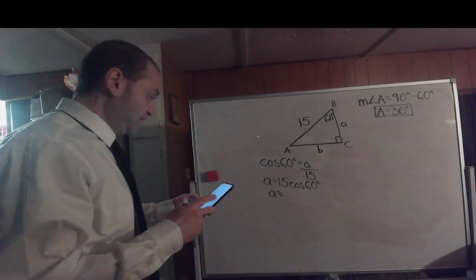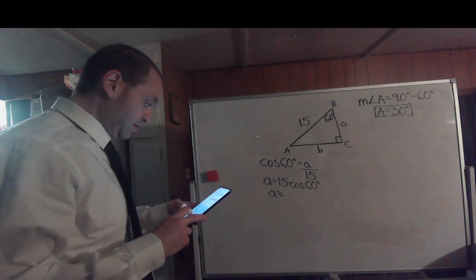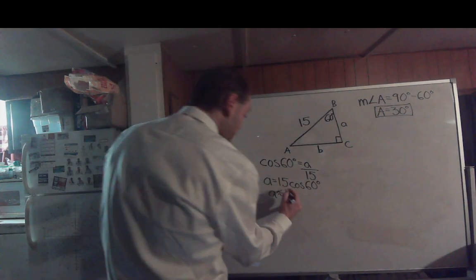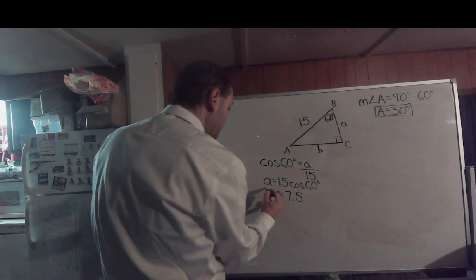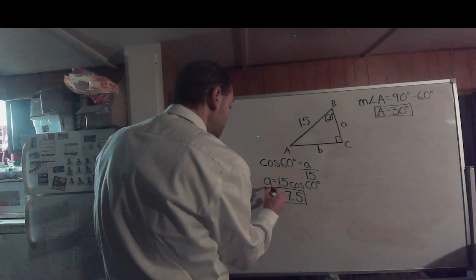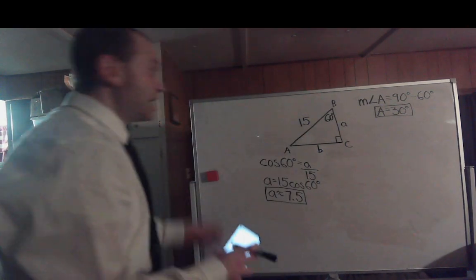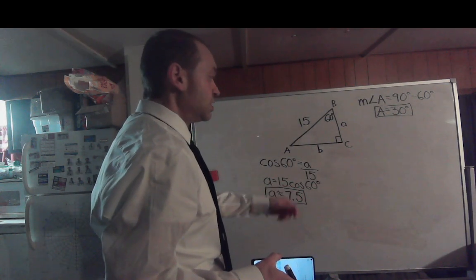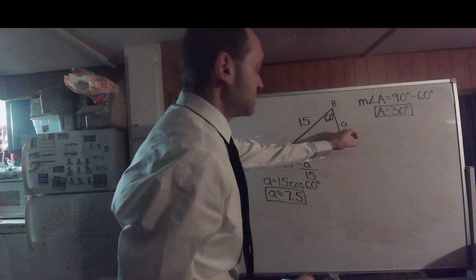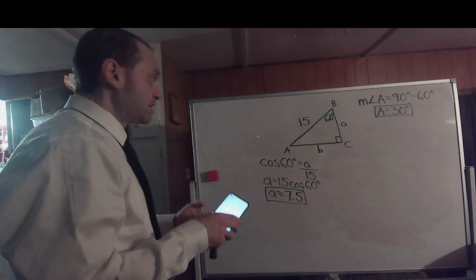So let's just take 15 times the cosine of 60. You actually end up getting exactly 7.5 units. That makes sense because in a 30-60-90 right triangle, the hypotenuse is exactly twice that of the shorter leg, which A is.